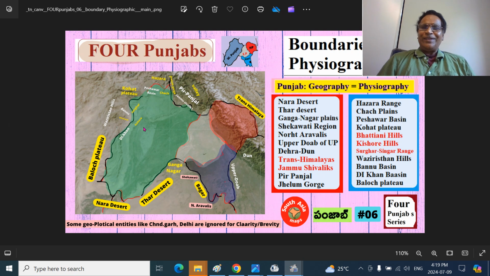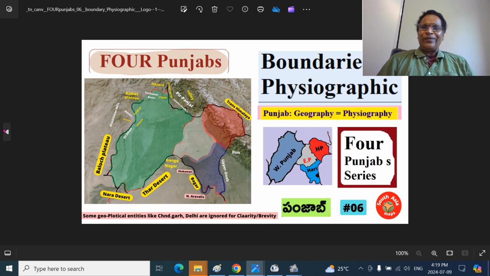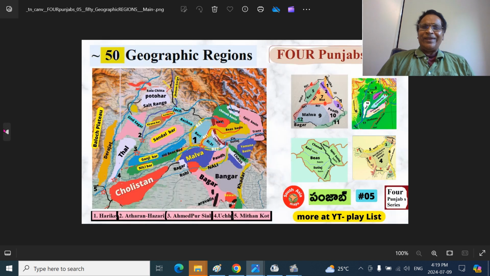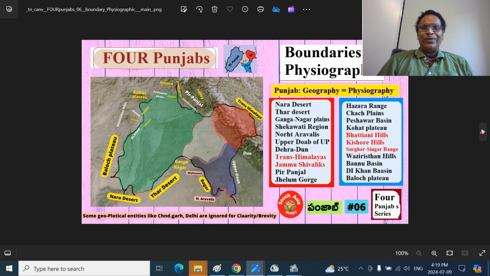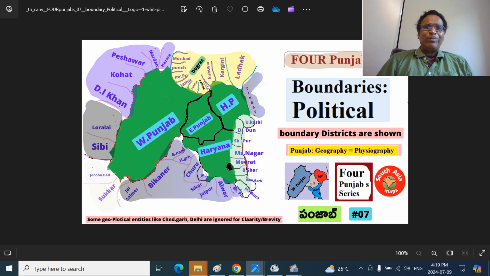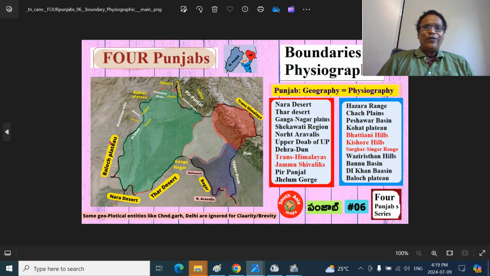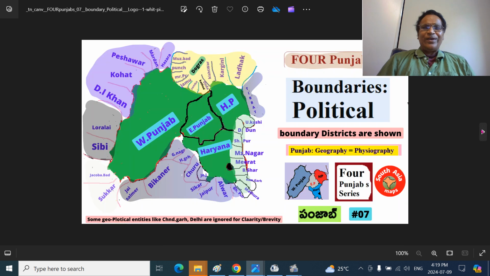The 50 or so geographic areas we covered, I have blocked completely, in order to avoid confusion and too much information in one place. In the next presentation, again we block those regions, and instead of these physiographic zones, we see the political geography, areas, districts, and so on. That will be again a fascinating aspect.